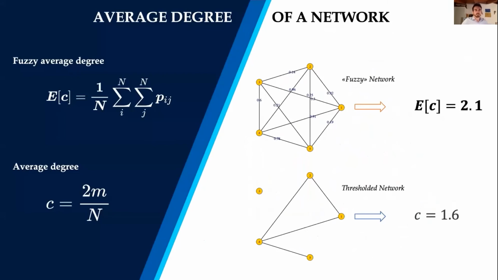After some calculation, it can be proven that the expected degree for the entire network is given by this formula, which is twice the sum of all the probabilities divided by the number of nodes, which is structurally very identical to the average degree of the classical network.